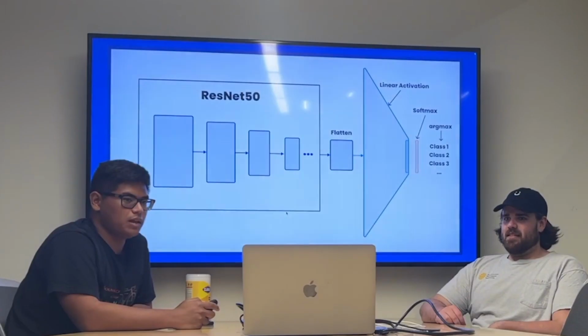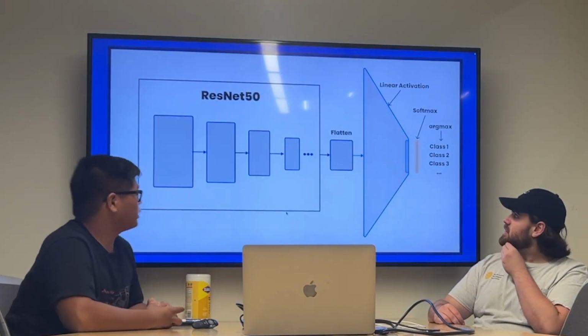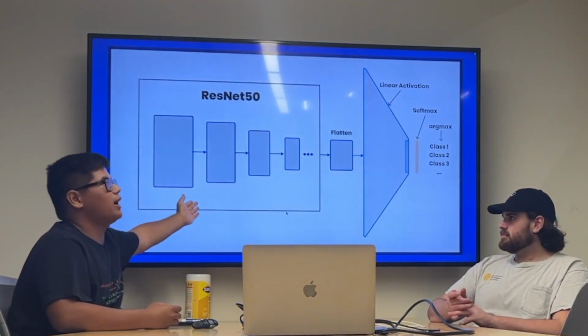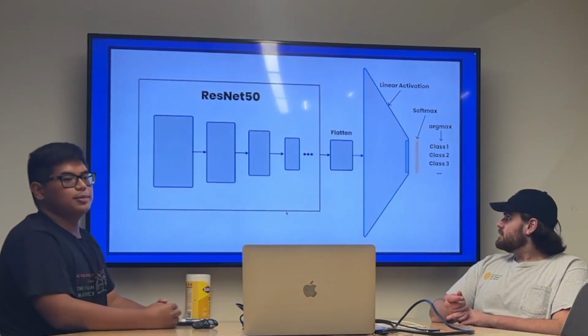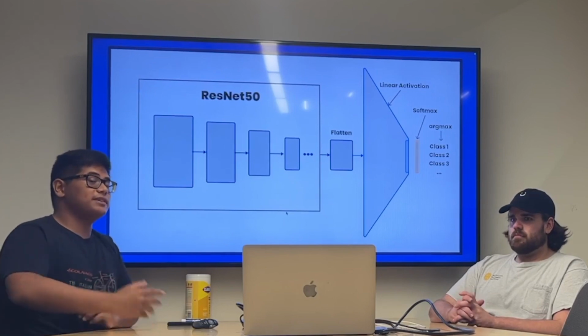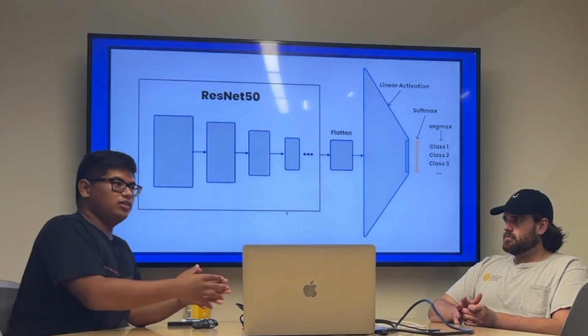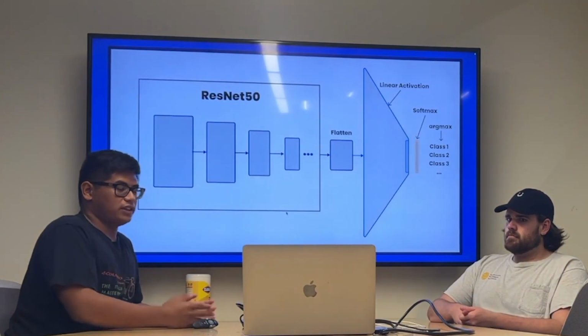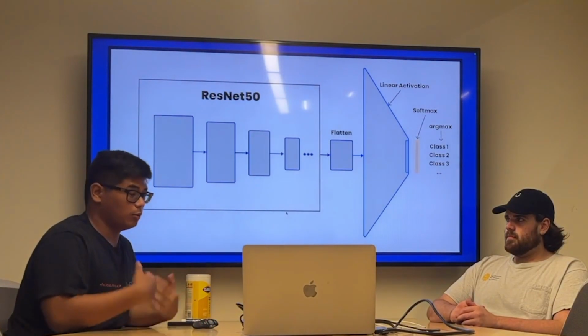And so what we do in our implementation of transfer learning is utilize a ResNet 50 backbone and add this classification head to predict the specific classes that we want. One specific example is predicting from an X-ray image of a chest whether or not a person has pneumonia.